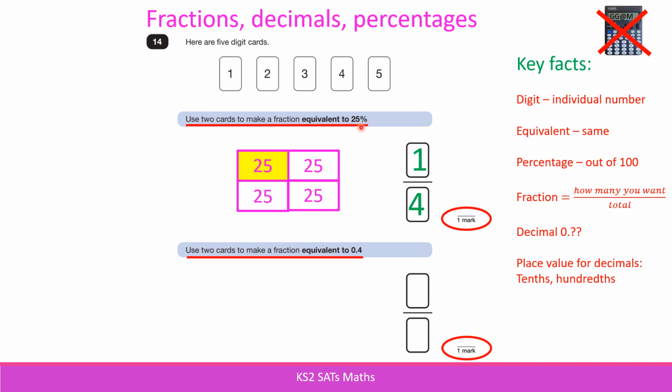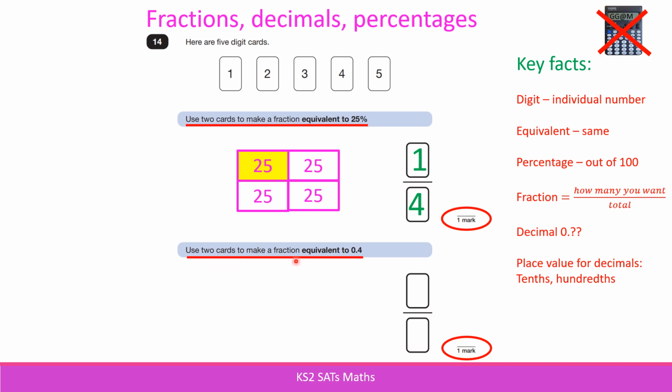You would then have to cancel that down because you have to use single digits. So you then need to know that 25 over 100, 25 divided by 25 is 1, 100 divided by 25 is 4, so 1/4 is equivalent to 25%. Most of you should know that 25% is a quarter. It is a fact, but you should just know off the top of your head.